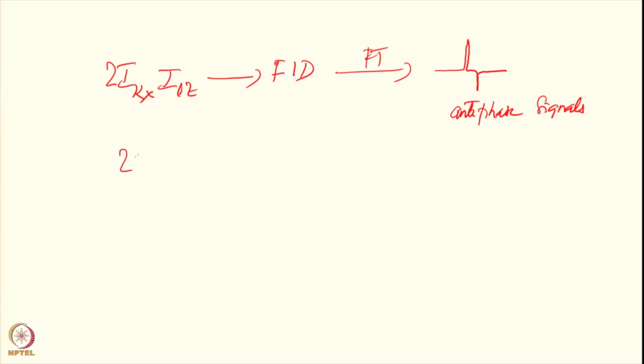The same will apply to IKY ILZ as well. Or suppose I take 2 ILX IKZ. What does this mean?